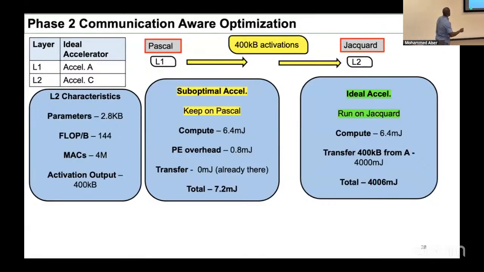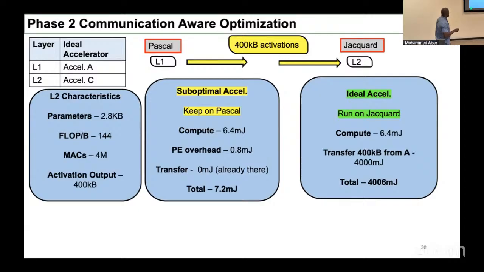For example, the first layer was supposed to go on, this was an error. It should be Pascal. The first layer should run on Pascal, right? The second layer should run on Jacquard.